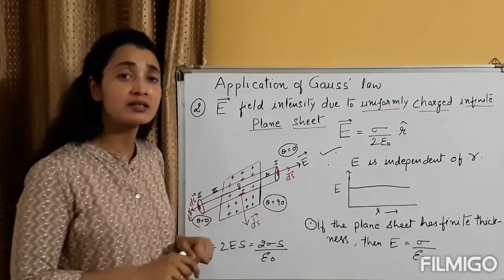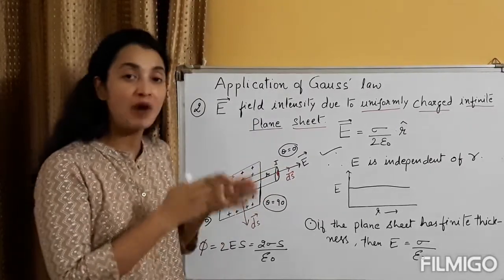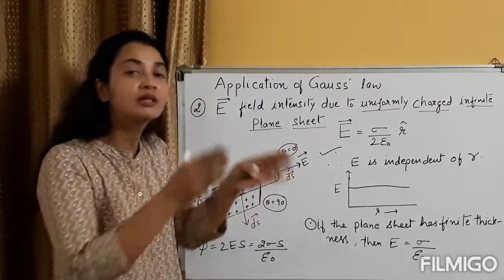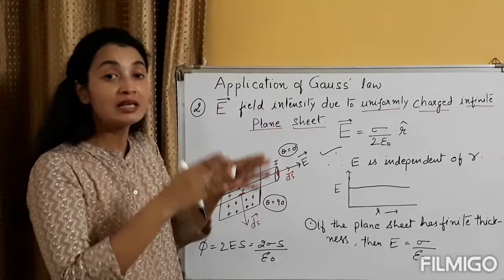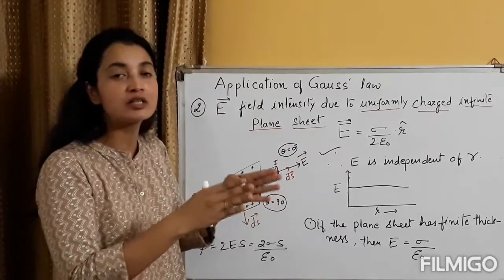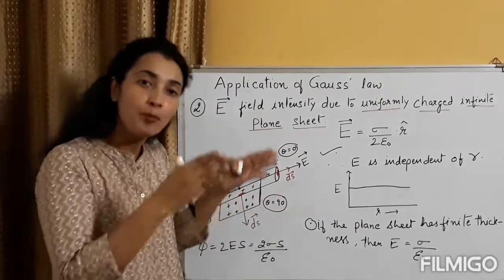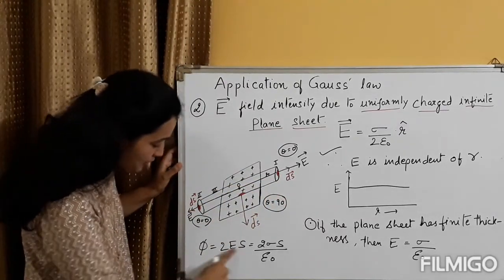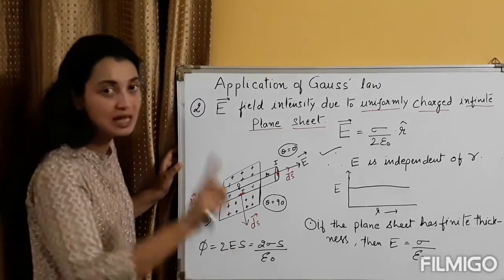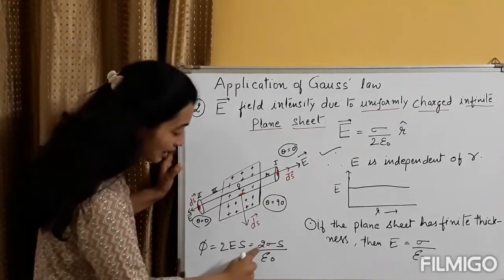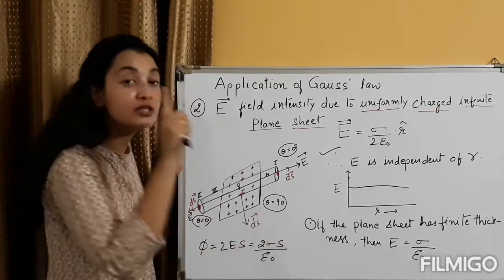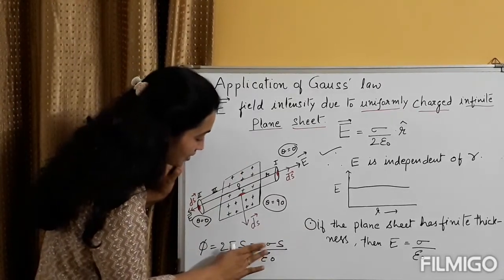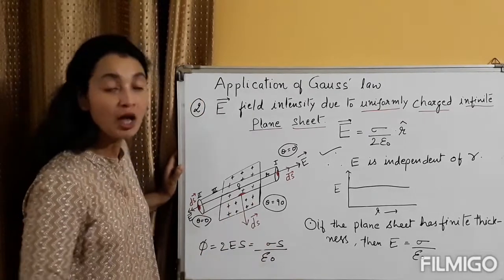Why are we getting this result? Because when a sheet is of finite thickness, you have to take into account charges present on both the sides of the sheet. You are summing up the charges present on both the sides of the sheet, and there you get, till here we got in the previous expression also, flux is equal to 2 times Es. This we already got here. But in this particular expression for single-sided plane sheet, we had only sigma s upon epsilon naught.